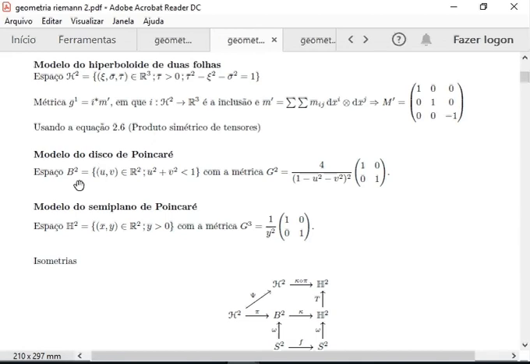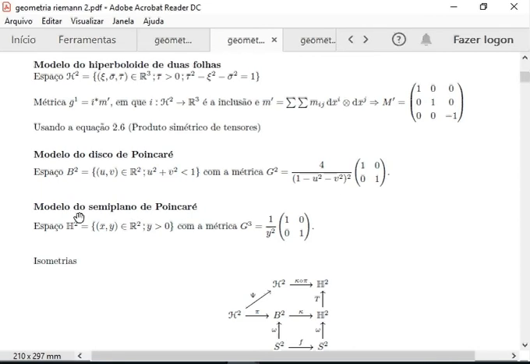Poincaré disk model. B2 is (u, v) in R2, u² plus v² less than 1, and the matrix is the identity multiplied by 4 over the square of 1 minus u² minus v².